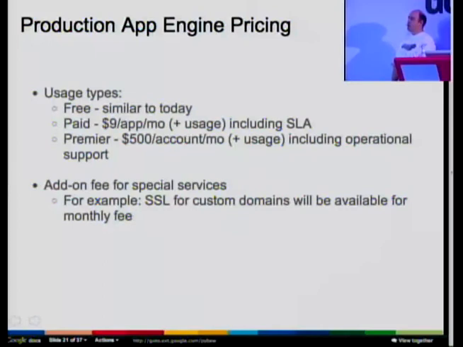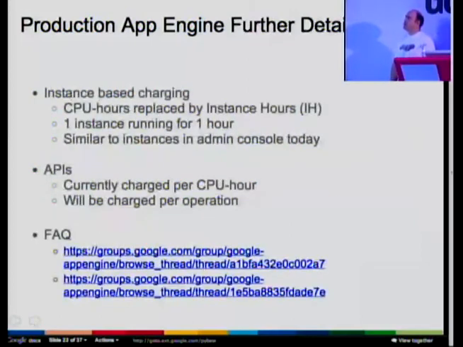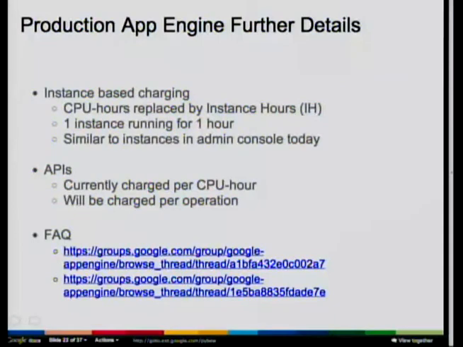SSL for custom domains is in progress. It's going to be coming out as well. I can't give you the exact timeline, but it's part of one of the features that we will be offering with App Engine for production. Okay, a few different small changes with regards to pricing. It's based on instances, which is a slight departure. CPU hours are now being replaced by instance hours.